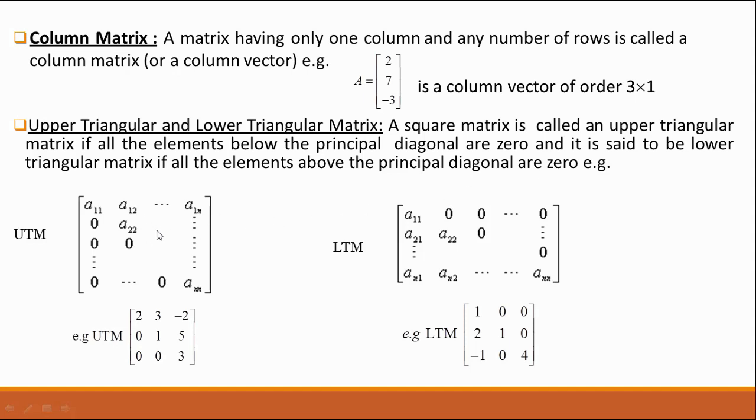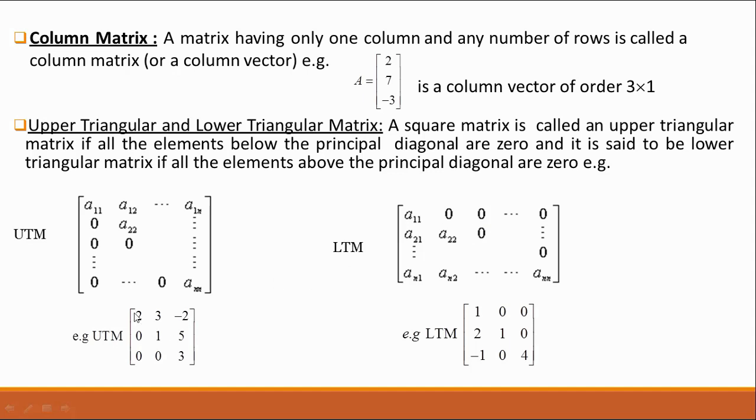This is the general form of an upper triangular matrix. In this matrix, we see that all the elements below the principal diagonal are zero. So this matrix is called an upper triangular matrix. And this is the general form of a lower triangular matrix. In this matrix, all the elements above the principal diagonal are zero. So this matrix is a lower triangular matrix.